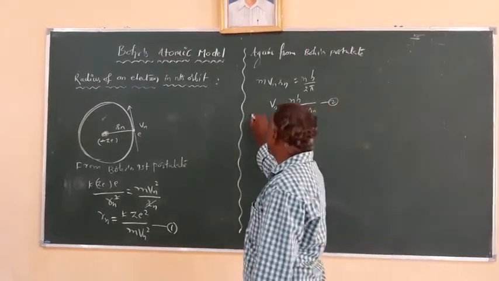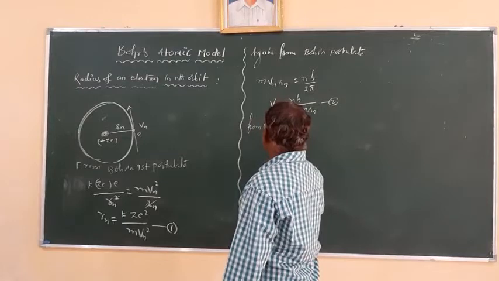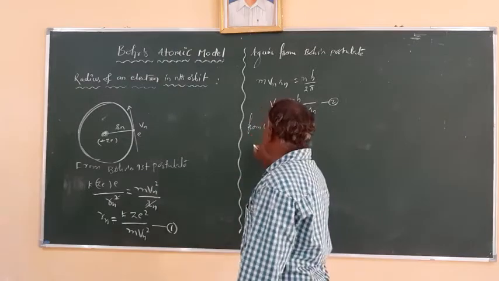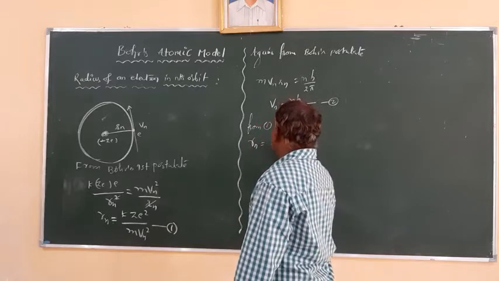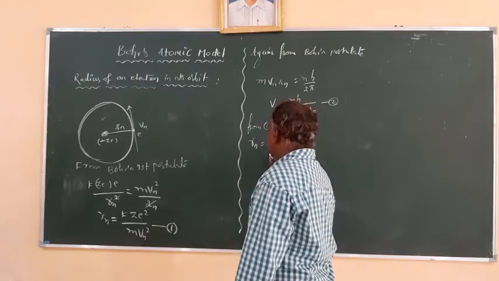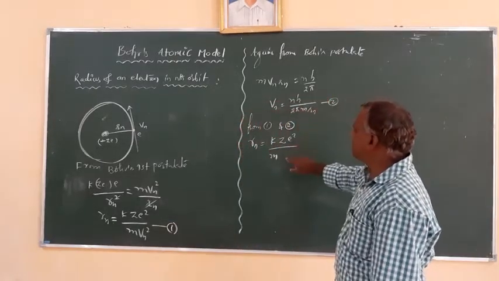From equations 1 and 2 we get Rn is equal to k Z e square upon m Vn square. Make Vn square by squaring the second equation and put it here.